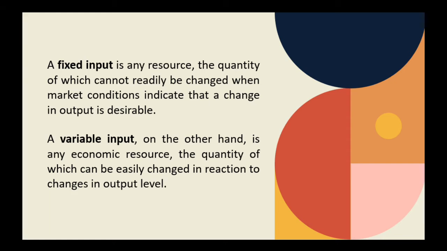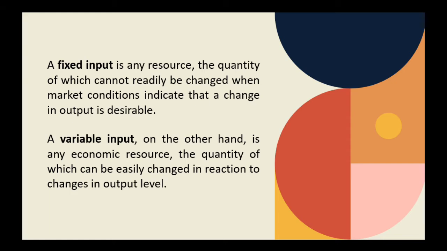Now we can link the concept of fixed and variable inputs to the short run and long run concept. When we say short run, it is the period of time so short that there is at least one fixed input. Therefore, changes in the output level must be accomplished exclusively by changes in the use of variable inputs.